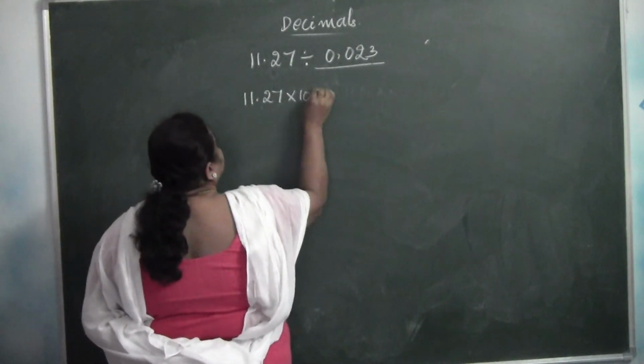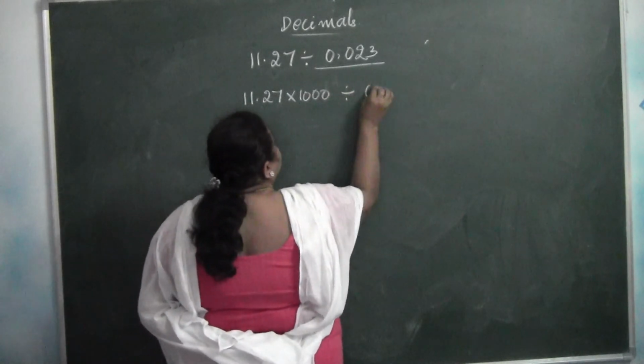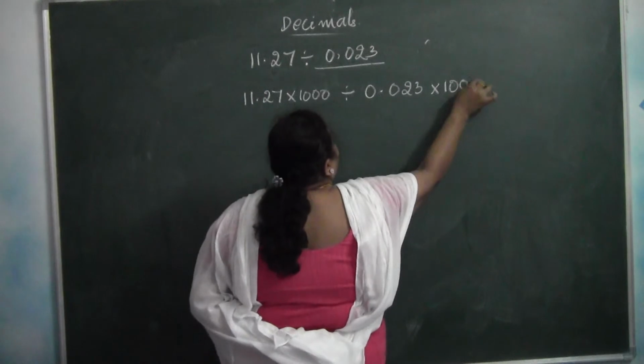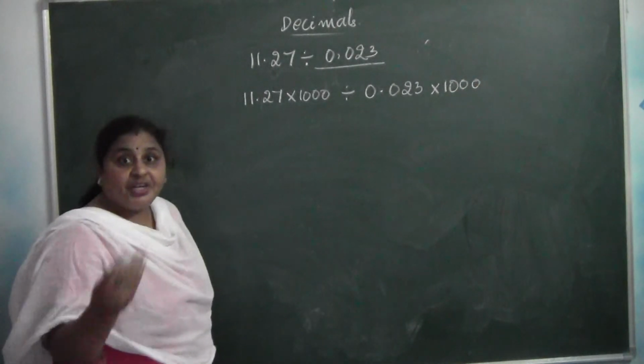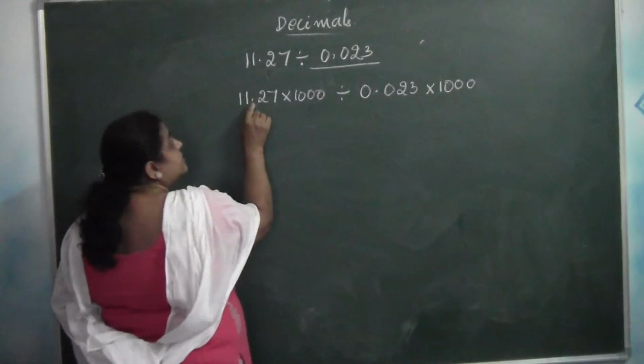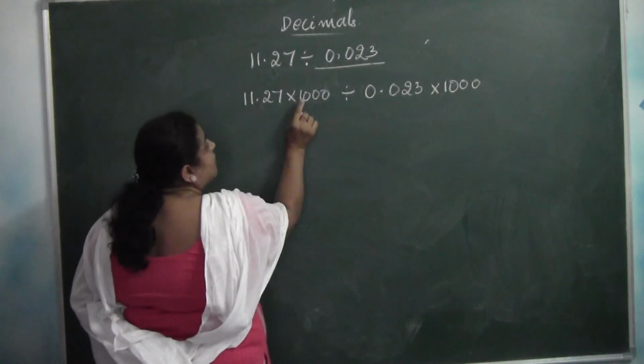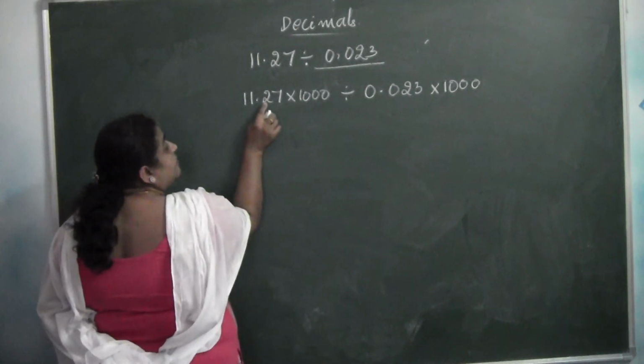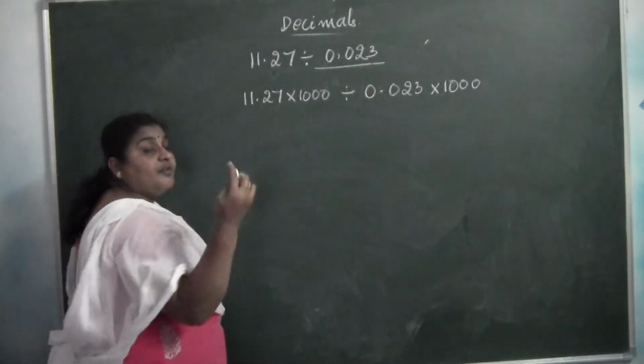11.27 into 1000 divided with 0.023 into 1000. Now we have 3 zeros. It means this decimal point will jump forward after 3 digits. Okay, but here we have 2 digits only. What are we going to do?